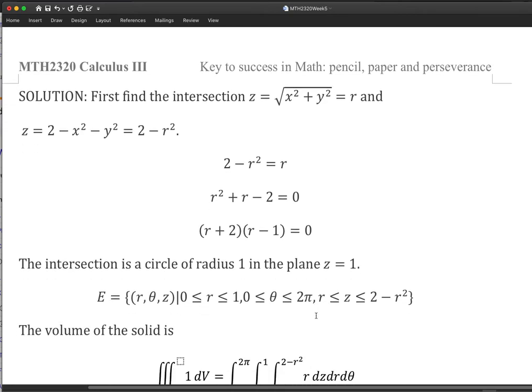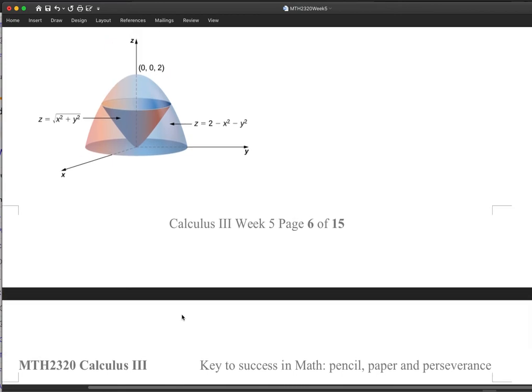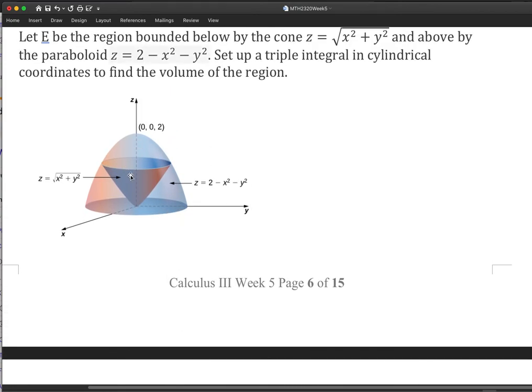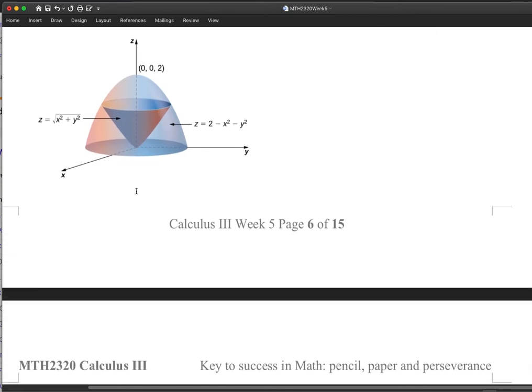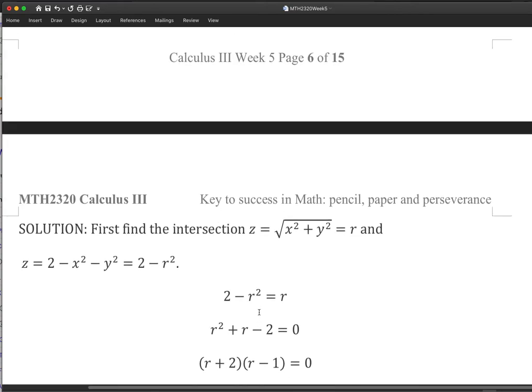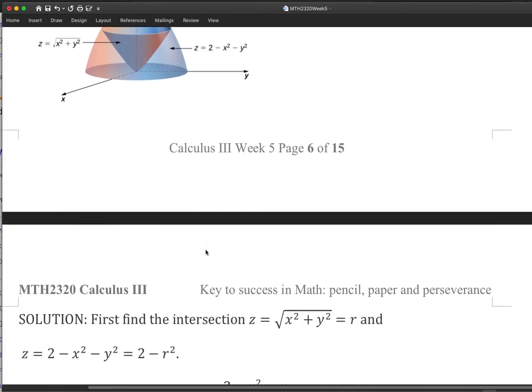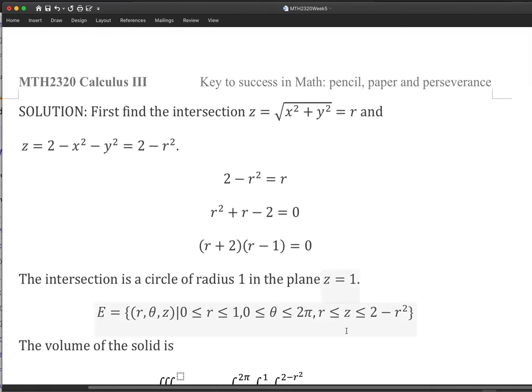And then finally, this is what I figured out: the description of this solid using cylindrical coordinates. r is changing from 0 to 1. Theta, we have the entire circle here, right? So theta is changing from 0 to 2 pi.